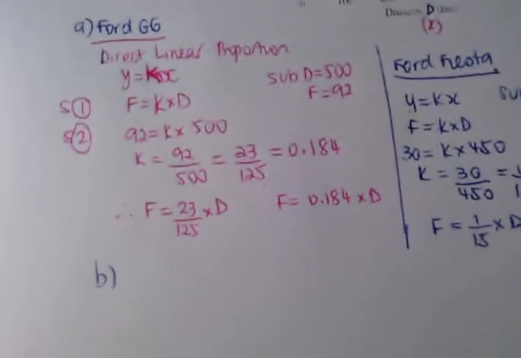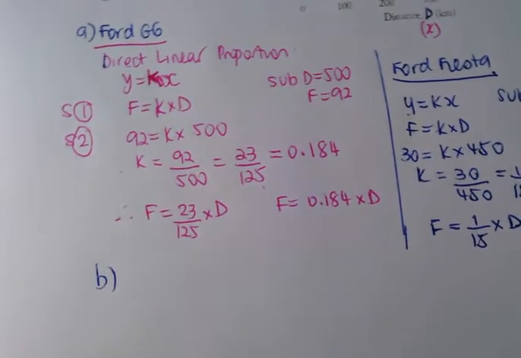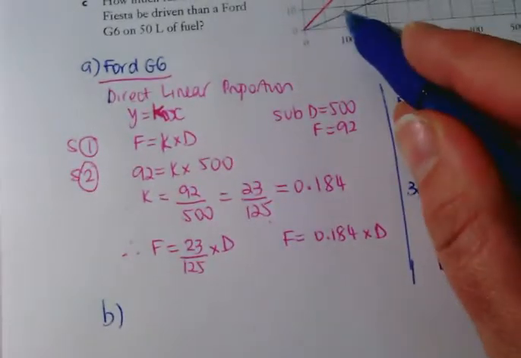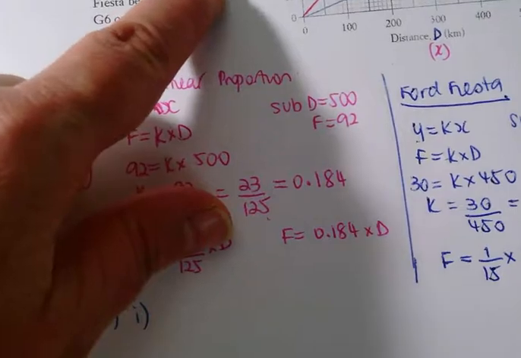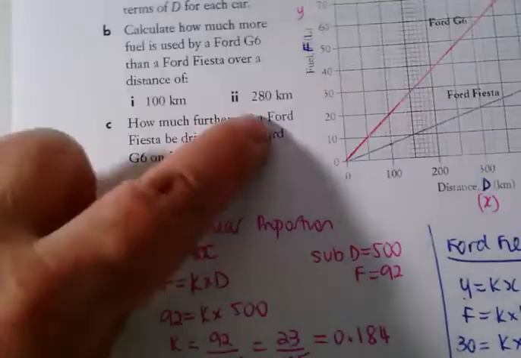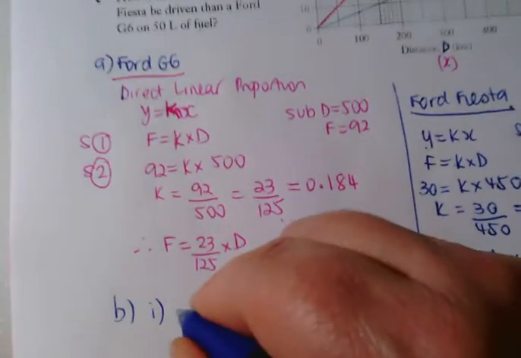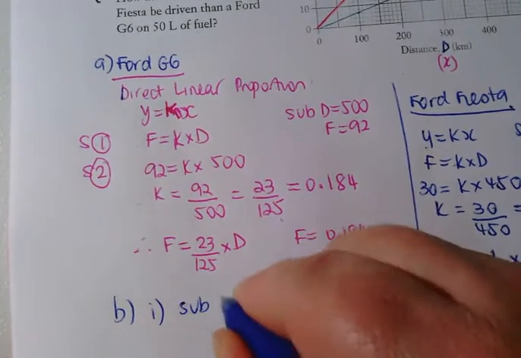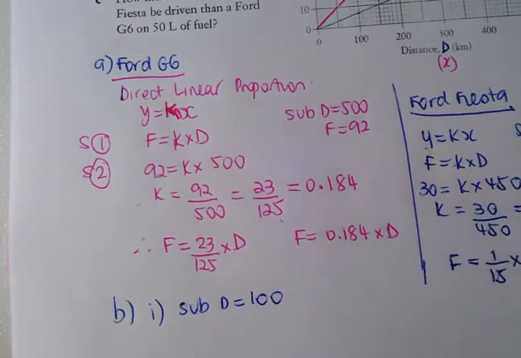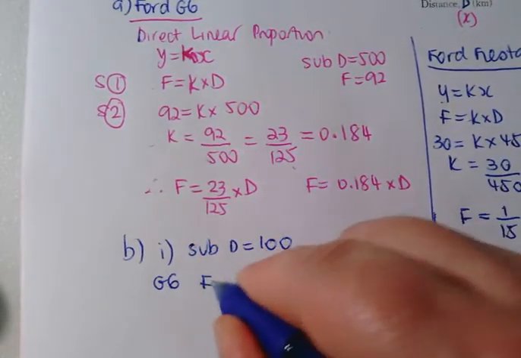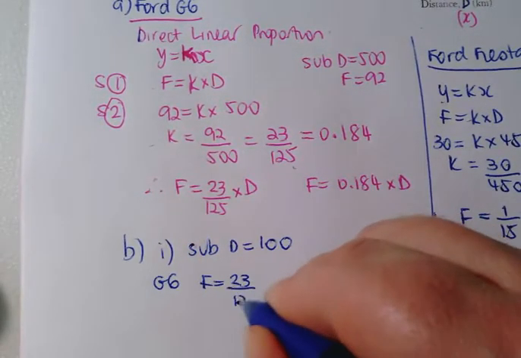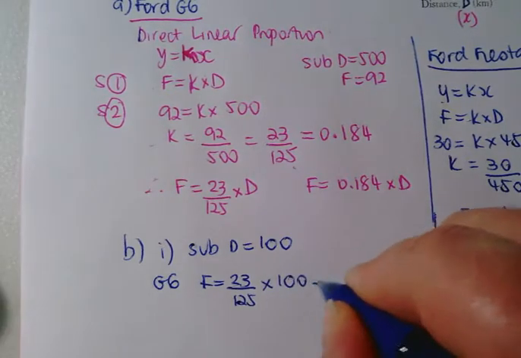So you should use the formula. I would use the 100 kilometres for the first one, because they're asking that. Then the second one is asking over 280 kilometres. For part 1, we substitute D is 100 into both formulas. For the Ford G6, we get F equals 23 over 125 times 100.